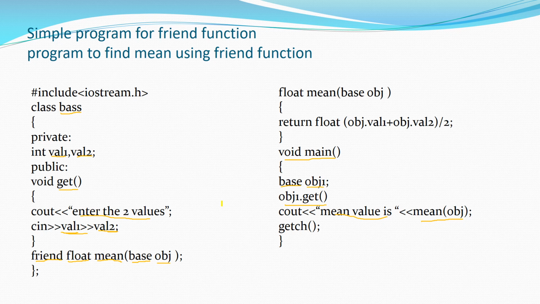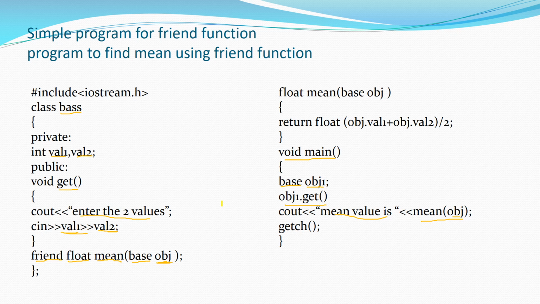The parameter is nothing but an object which I have created in the class itself. Once the function has been called, it is going to go to the class and check whether mean is a friend function. Yes, we have mean as a friend function.